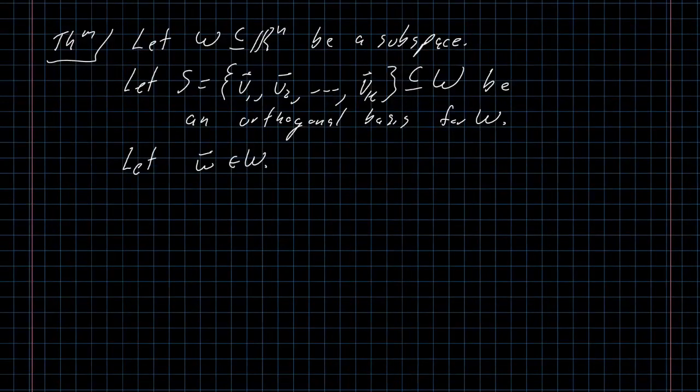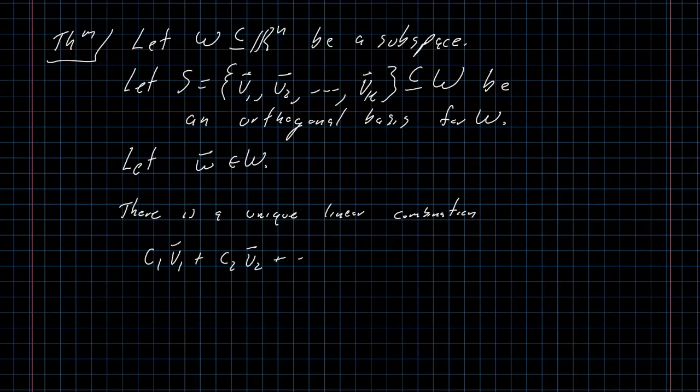I need one other thing, which technically we have to prove, but we have proven. So remember that from the definition of a basis, there must be a unique linear combination so that C1V1 plus C2V2 all the way down to CkVk is equal to w.